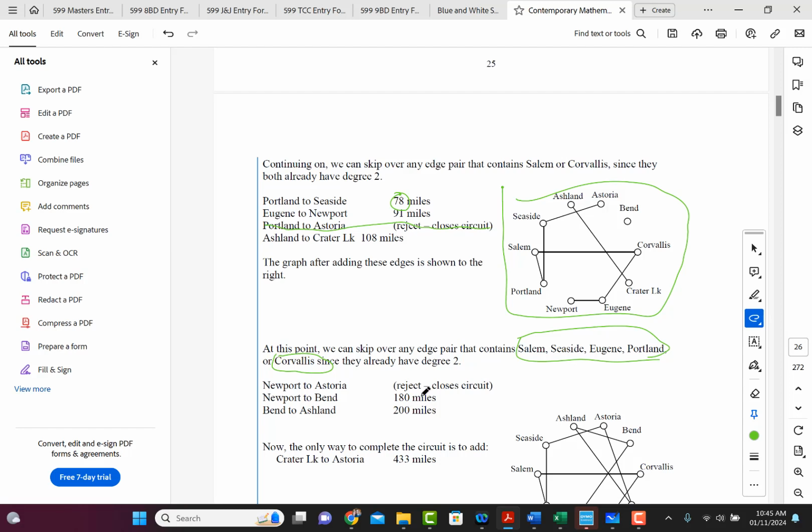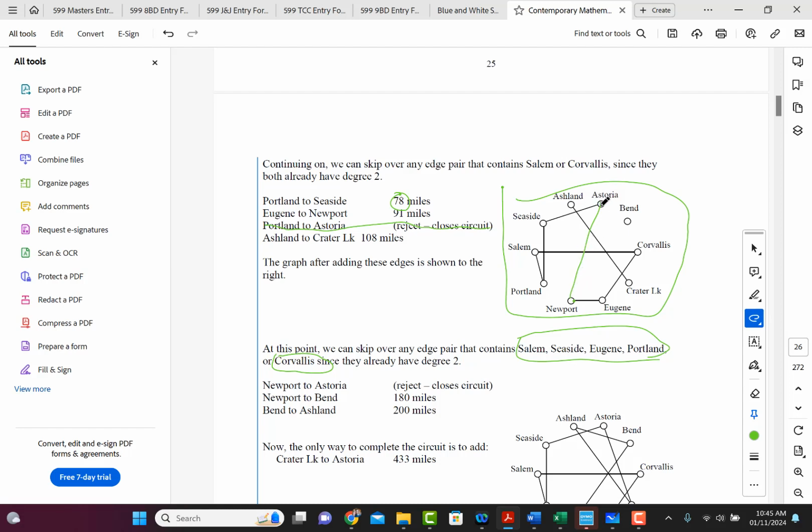Now, Newport to Astoria. If we go Newport to Astoria, look what happens. It closes the circuit now, right? Because if we trace it, look what happens.